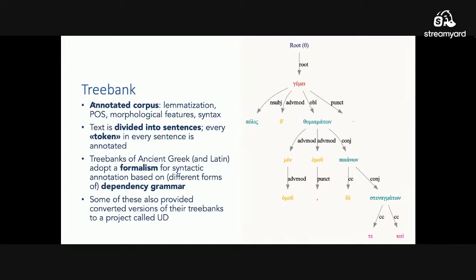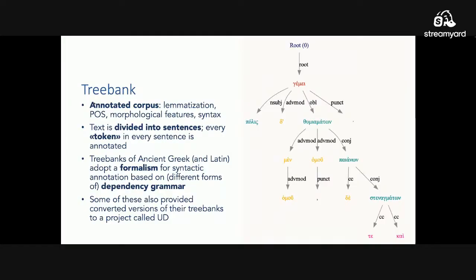But then every sentence is split into its elements, that we technically call tokens, which might roughly correspond to the notion of words. So every word in a text is annotated. And then every token, every particle, every small adverb, every small word, no matter how trivial it might seem to you, and even every punctuation mark, if your corpus contains punctuation marks, receives the annotations that make up a treebank.